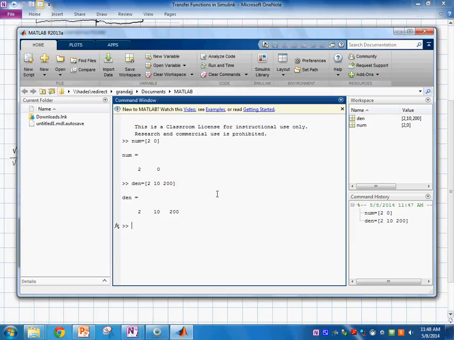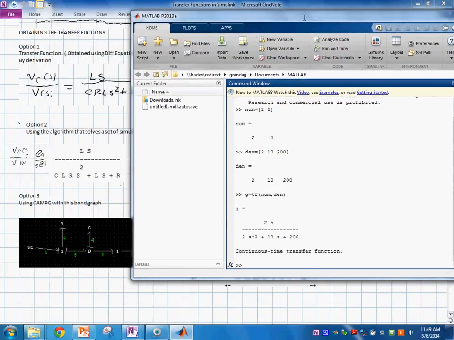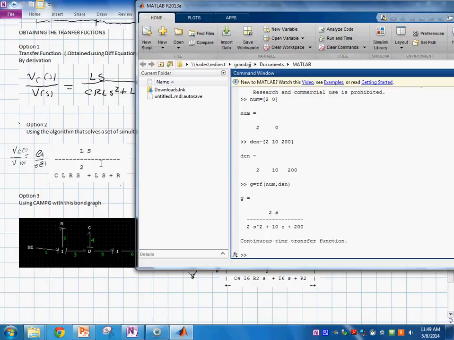And if I define the transfer function g equal to the transfer function of the numerator and the denominator, and if I click here, there it is. See, so now what do I have? Do you see in there? This form is exactly the same as this.